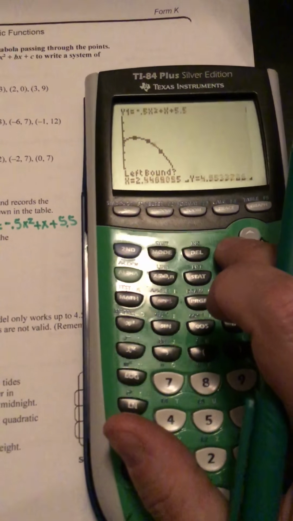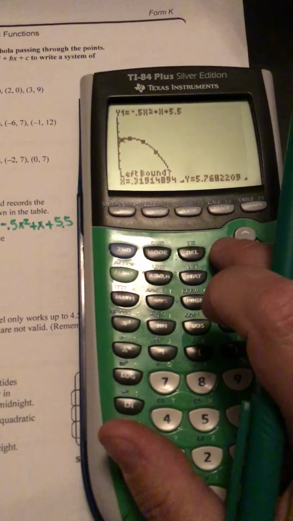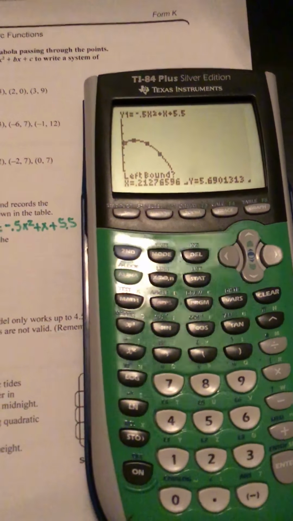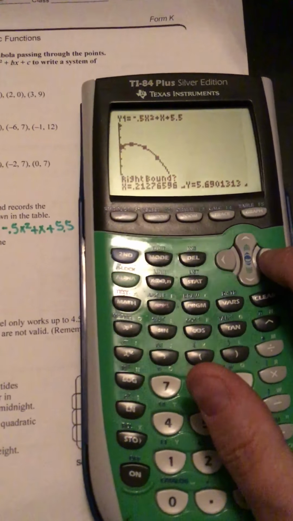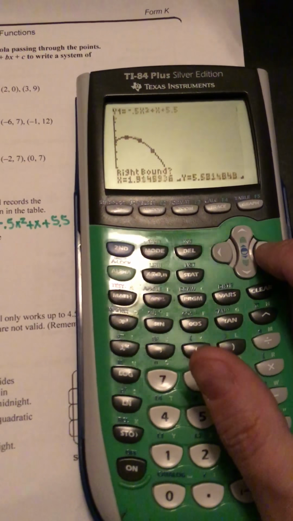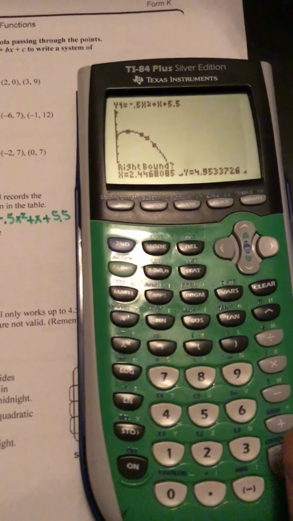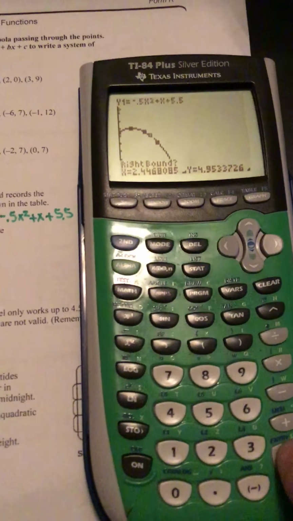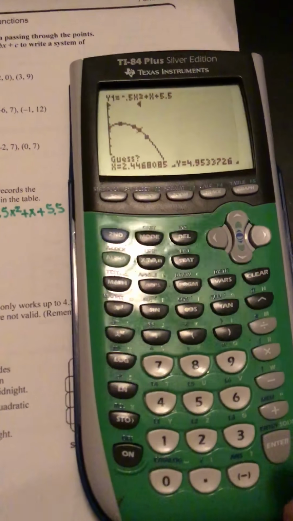There's our blinker. Okay, coming around over here. Now I'm on my left bound side, I'm going to hit enter. I'm going to arrow back over to the right bound side. You see it's blinking right here. Now right bound side, I'm going to hit enter. See, that set up my left bound and right bound side of my interval.